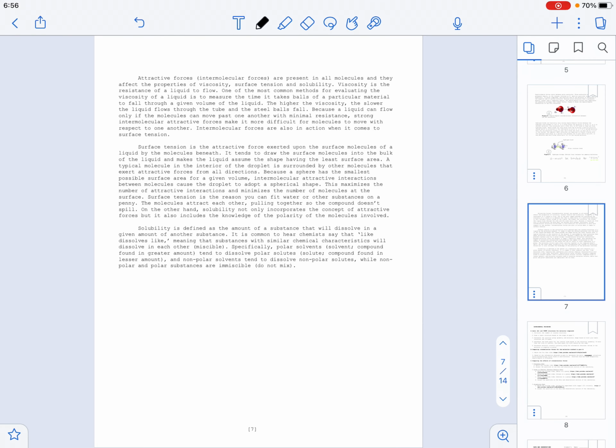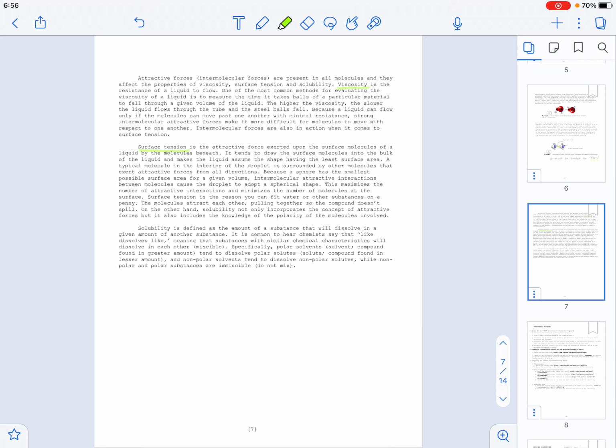In this lab, specifically, you guys are going to be exploring how those attractive forces are going to be affecting viscosity, which is the resistance of a liquid to flow. You guys will be exploring surface tension, which is the attractive force exerted upon the surface of a molecule in liquid form that interacts with the liquid beneath.